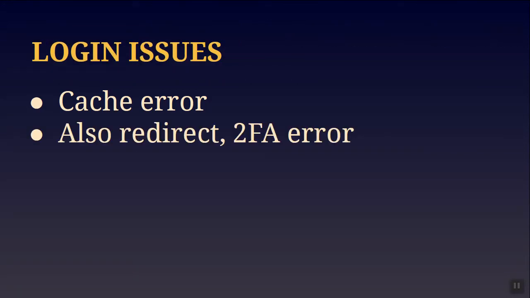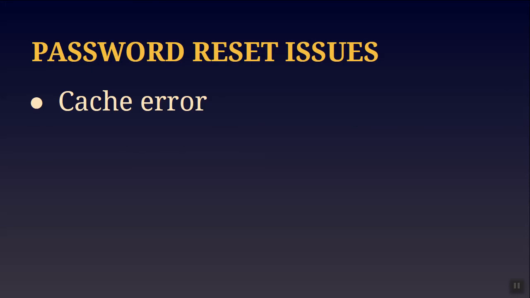And another example for cache error is if you're having problems with your login, logout, and password reset, because it really relies on cookies, and if WordPress login pages are cached, it could also give this problem. Also, you may get login, logout problems in case of weird redirects, or your two-factor authentication is not working properly. As I said again, the password reset is very similar to the login, logout problem, so usually that's a cache issue.